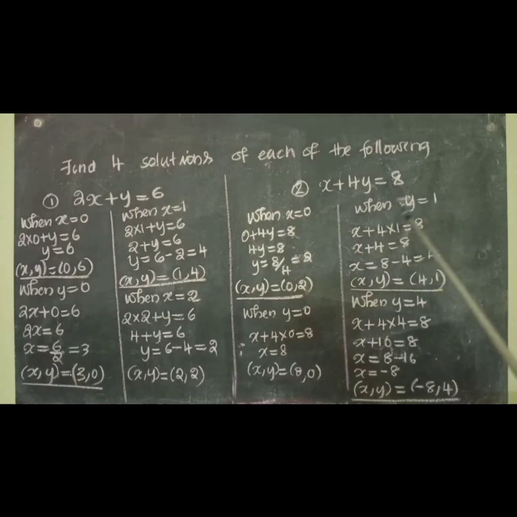When y equal to 1, x plus 4 into 1 equal to 8, x plus 4 equal to 8, x equal to 8 minus 4, that is equal to 4. Therefore (x, y) equal to (4, 1). Then when y equal to 4, x plus 4 into 4 equal to 8, x plus 16 equal to 8, x equal to 8 minus 16, x equal to minus 8. Therefore (x, y) equal to (minus 8, 4).